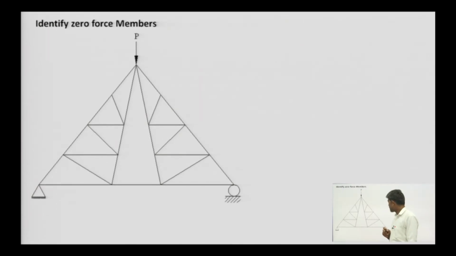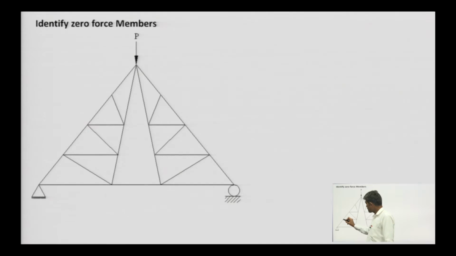In this truss, we will identify zero-force members. So, consider this joint, no issue, 2 members are meeting at a joint and the reaction means an external force is there. So, no issue.